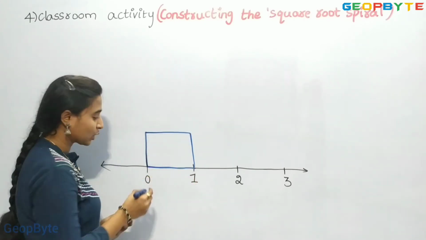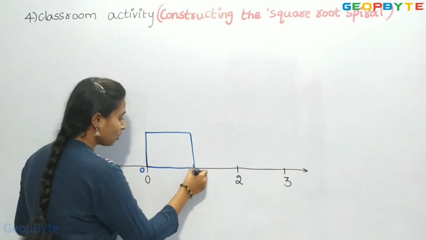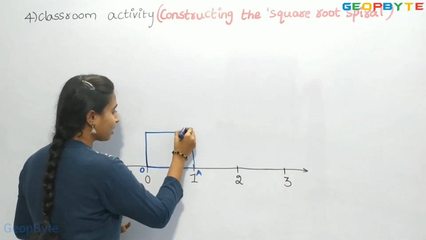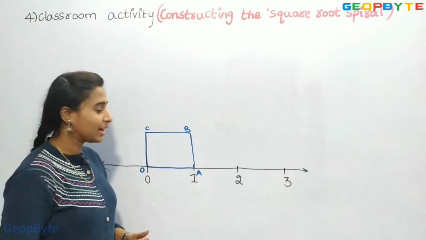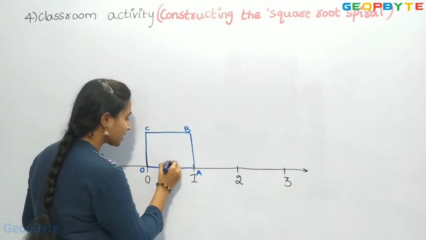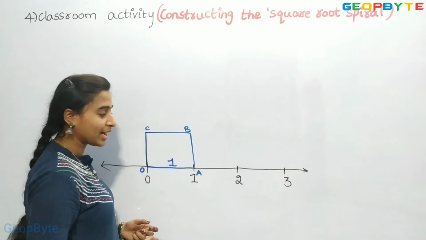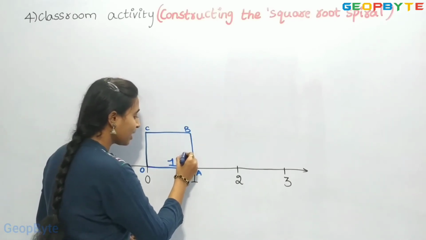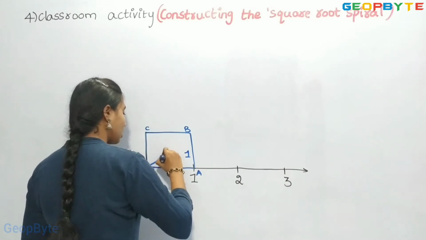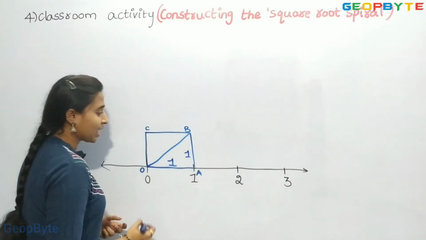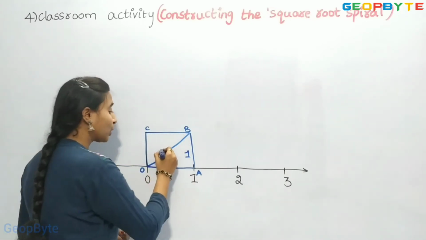This is our square O, A, B and C. Now, see, this side is of 1 unit length and this side is of 1 unit length. If we join OB, then this will be root 2.